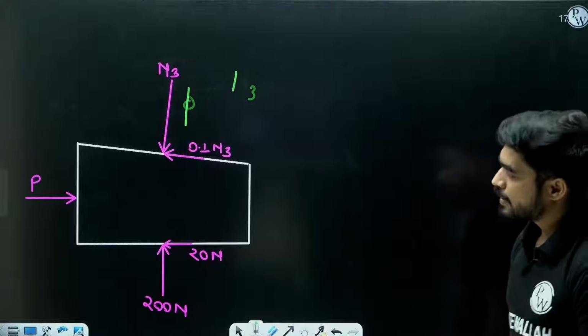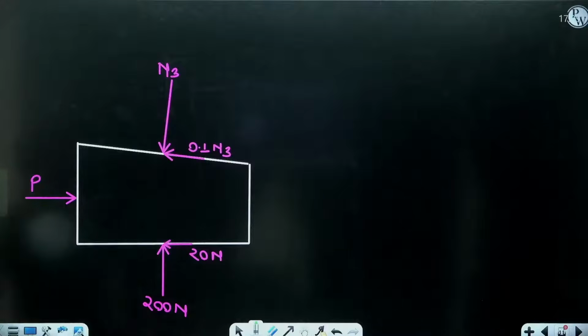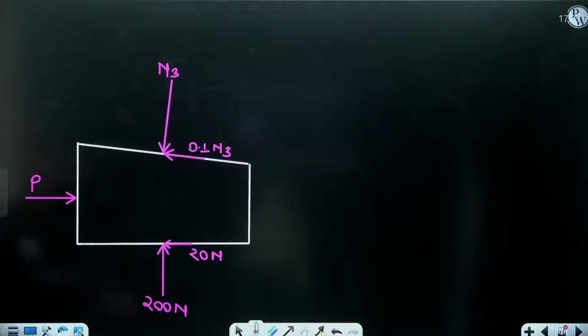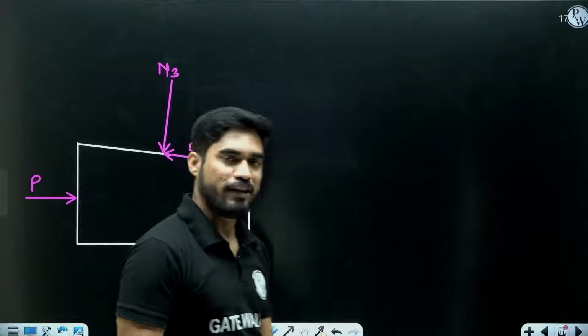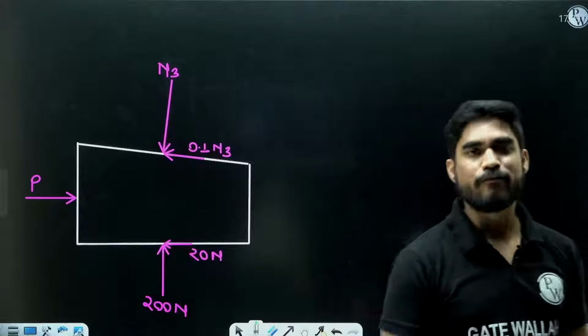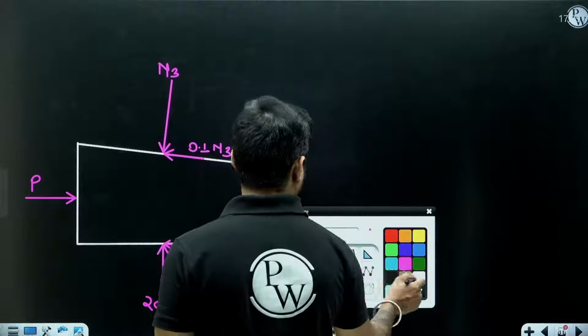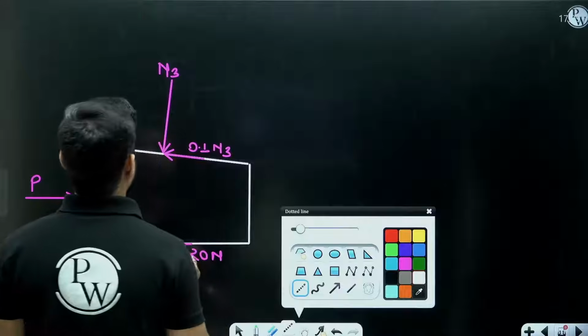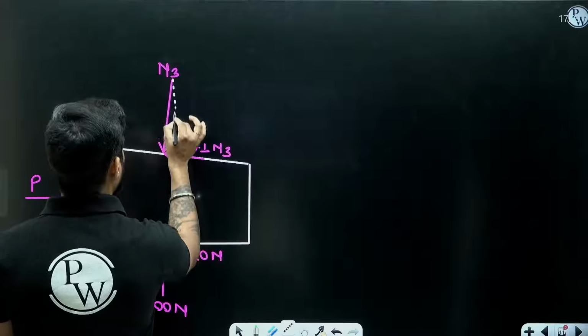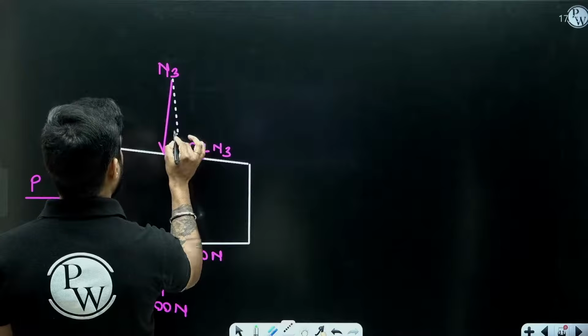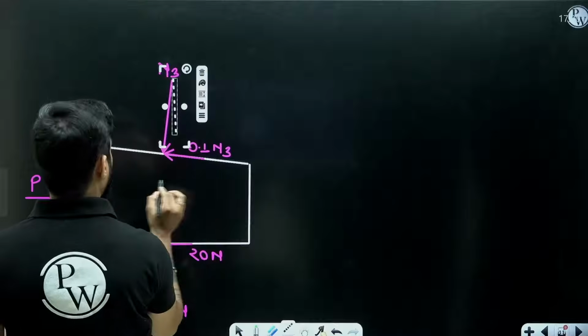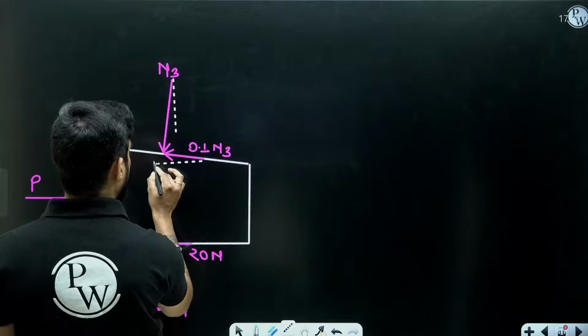Okay, or you can use summation of Fx and summation of Fy here. Okay, now in the last problem we use the resultant concept. Here we will use summation of Fx, summation of Fy, so that you get the taste of both the methods. Okay, now understand, this N3 is making 15 degree with vertical, because this is making 15 degree with horizontal.